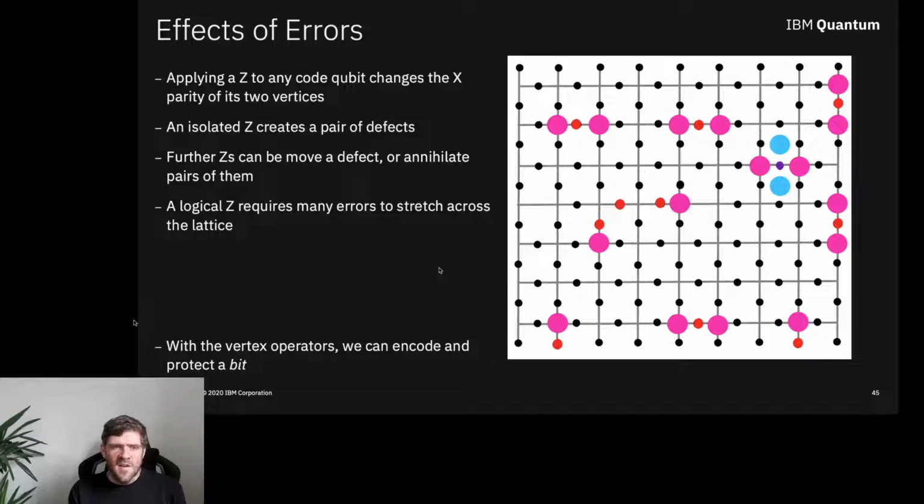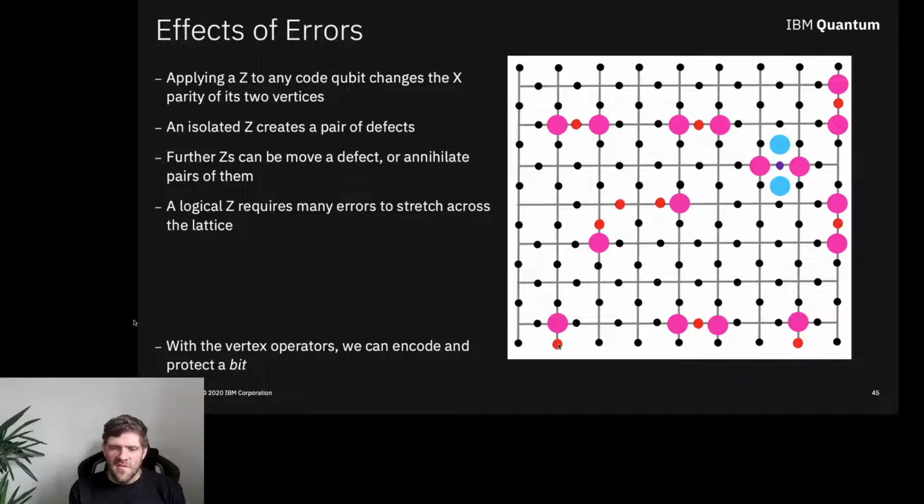First, let's apply a z to any code qubit to see what the effect of a phase flip would be. What it does is it flips the parity of the two vertices either side, and if we do a couple, then it basically creates a pair of hints, and then the next phase flip moves one of those hints.